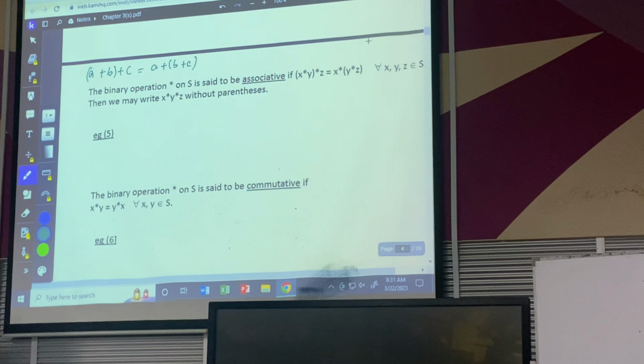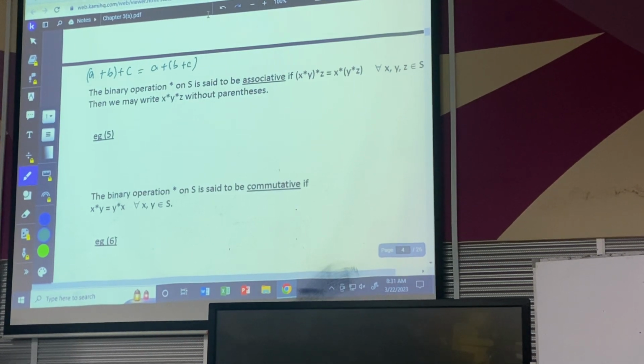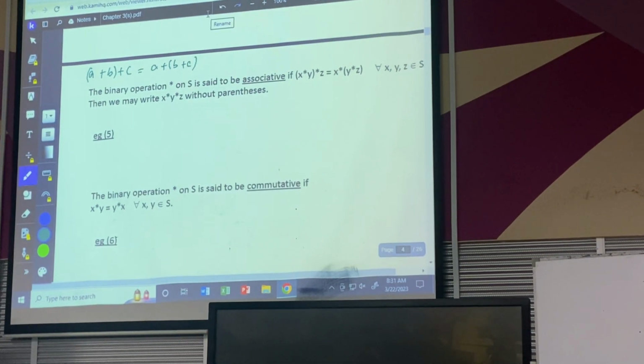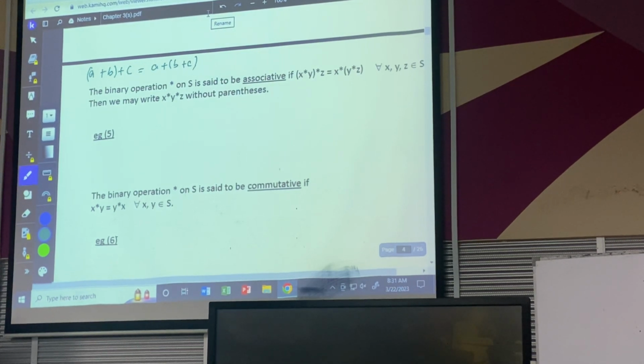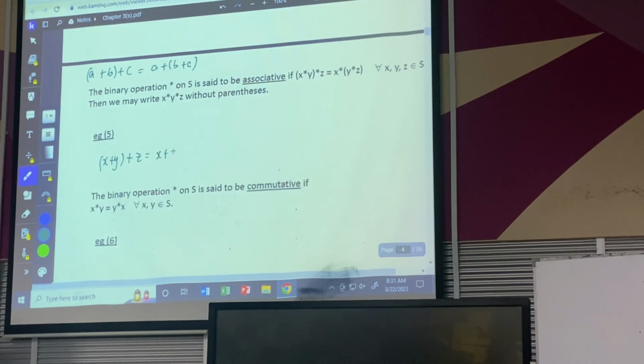So we can give the bracket here. If it is the same, it doesn't matter whether you put a bracket or not, because whichever part you do, the answer will be the same. So the example here, you can put the plus: (x plus y) plus z is equal to x plus (y plus z).